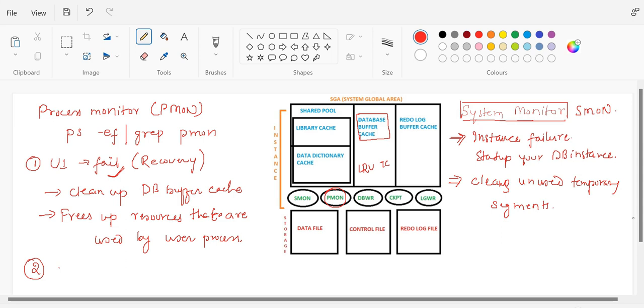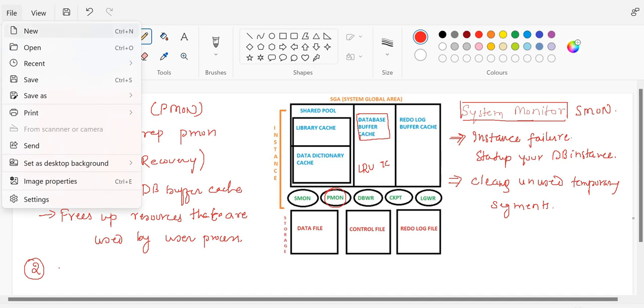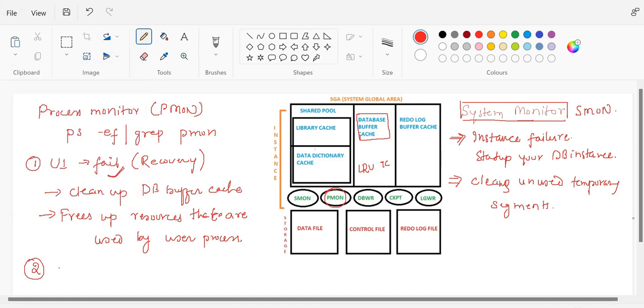Moving forward with other background processes, what we call the database writer as well as the log writer. Let me show you. So DBWN is the database writer, which is a very important database process.